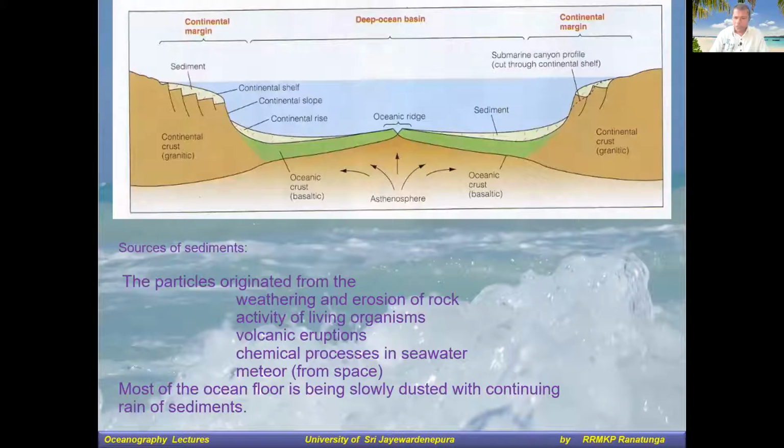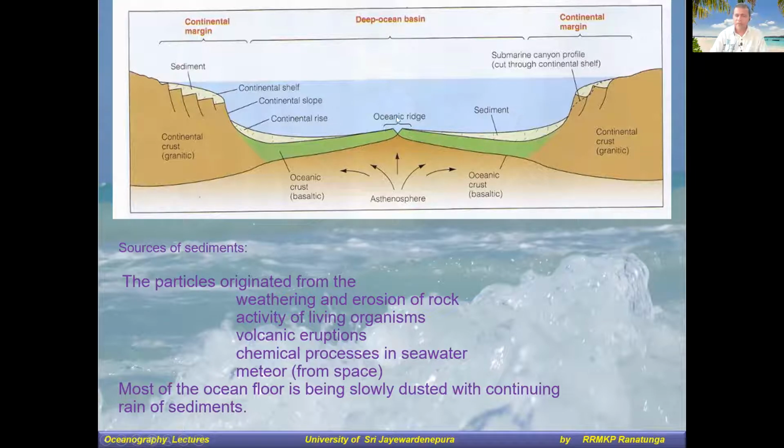As we have already discussed, these sediments are deposited mainly in the continental shelf as well as in the continental rise. But as you know by now, some of the sea floor is newly forming.